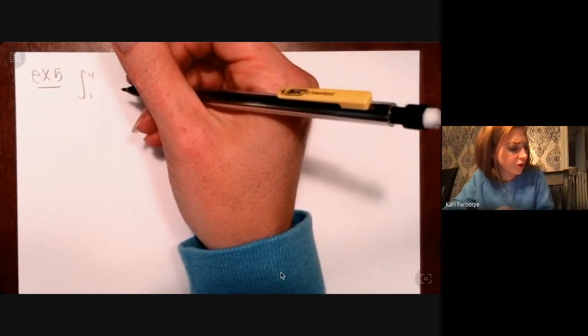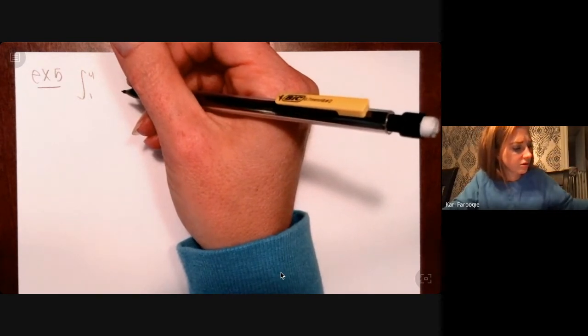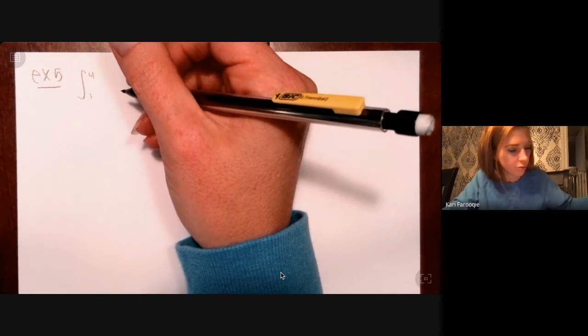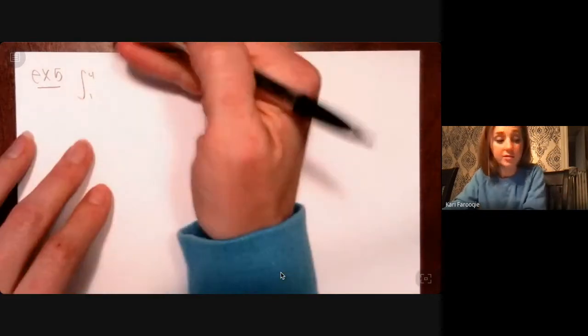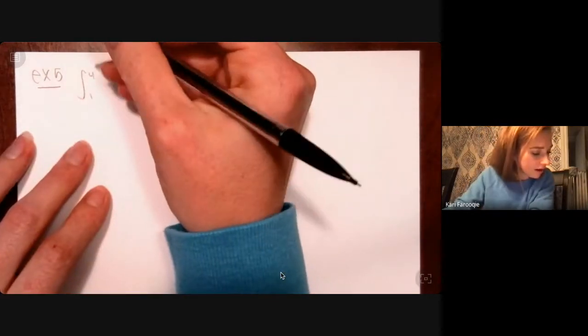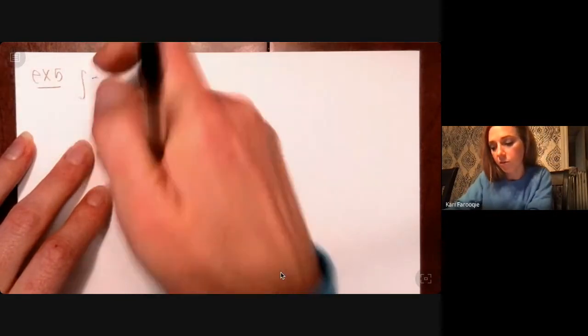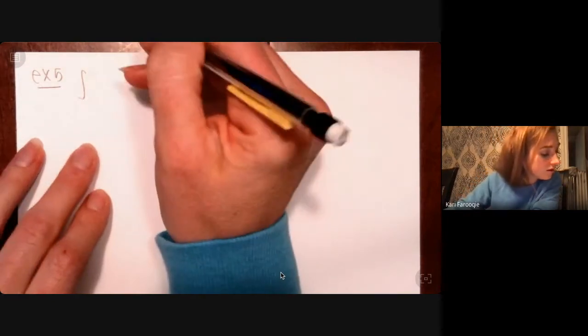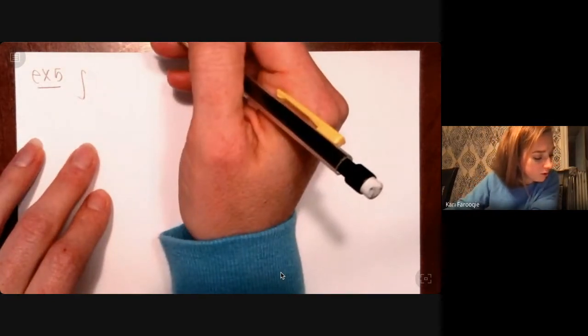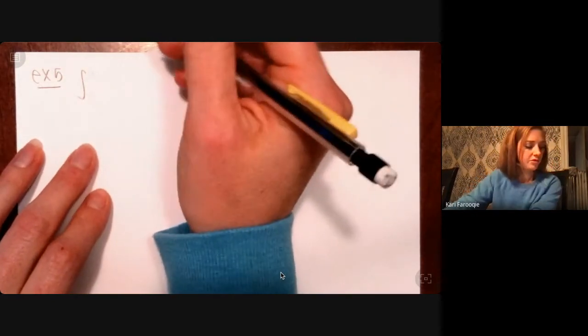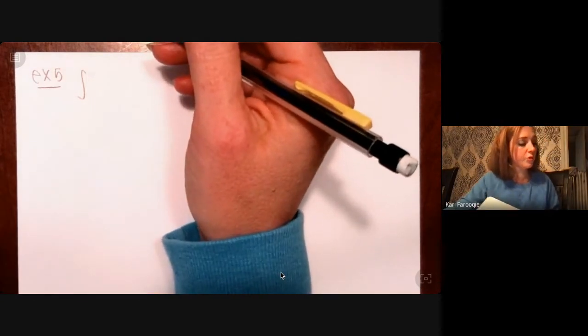Oh, wait, is this the one I wanted to do here? Oh, no, I picked the wrong one. Never mind. I do want to do a definite integral. This one is coming in 7.4. Sorry. Okay, so we're going from 0 to 1/3.